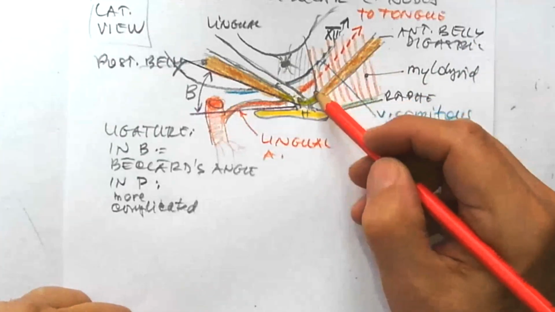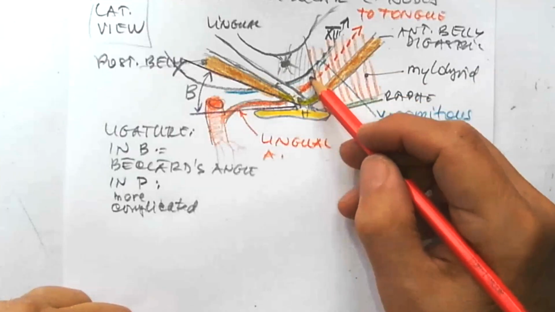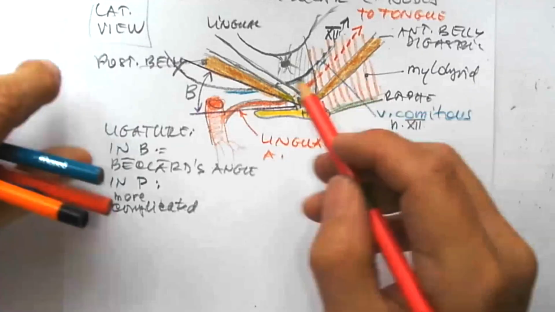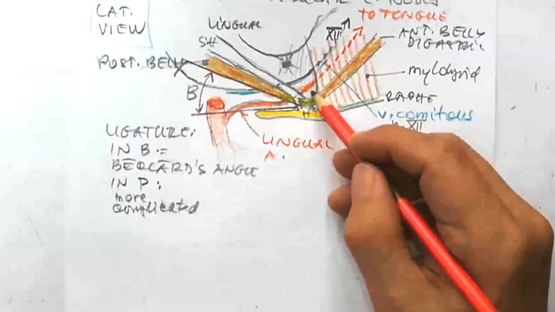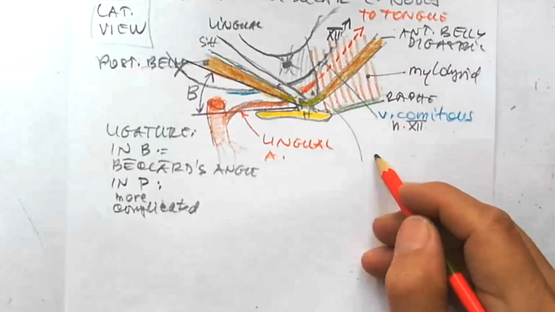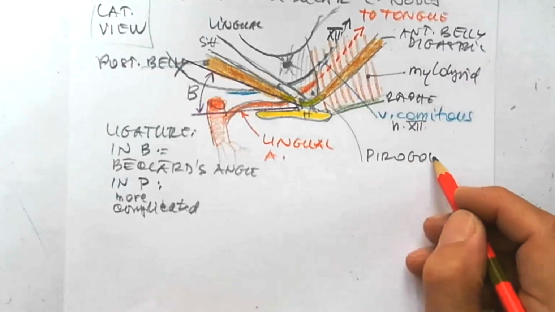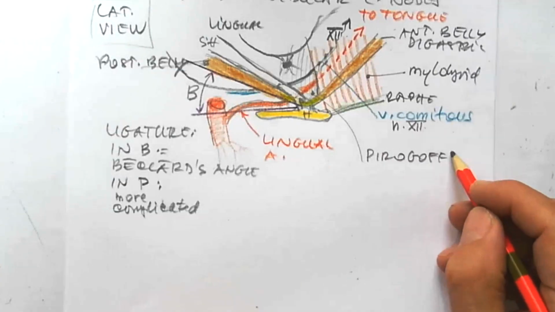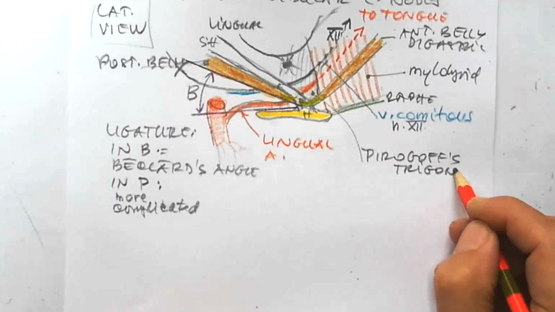If we look at the arch of the hypoglossus and these lines, this is roughly a trigon, depending on the position of the stylohyoid. The second one we label Pirogov's trigon. In fact, it's not a trigon.